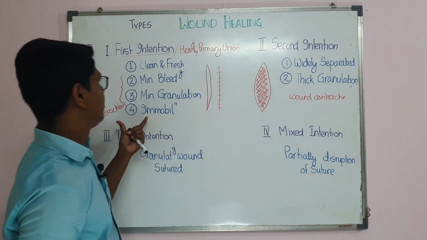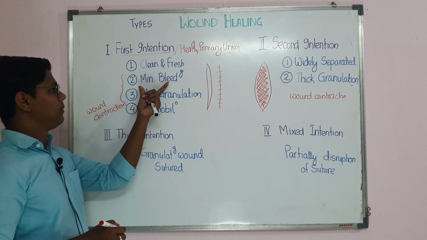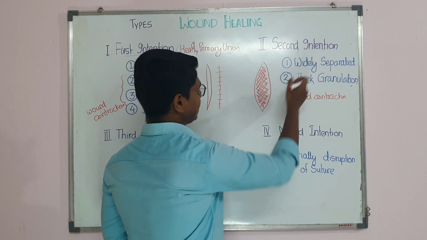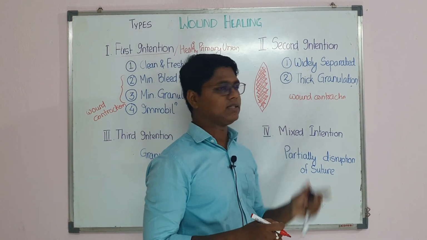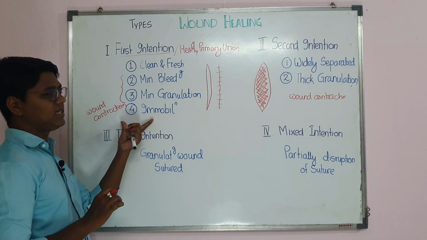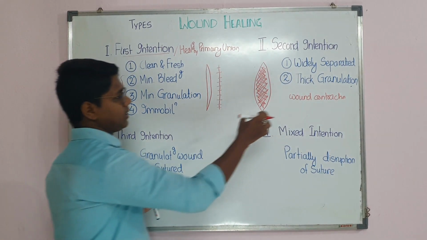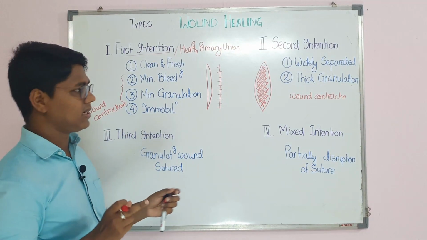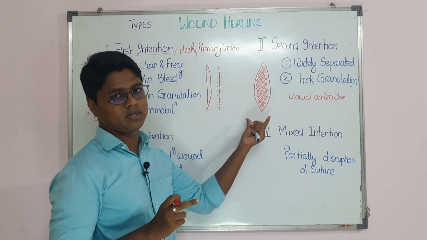Remember these two: in first intention there will be minimum bleeding and minimum granulation, whereas in second intention you will find thick granulation. The difference is that here the wound edges are perfectly aligned, while here the wound edges are widely separated. That is why there will be granulation tissue.